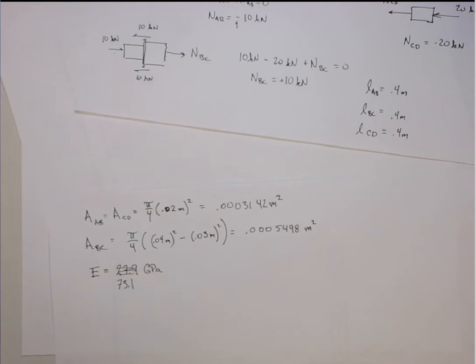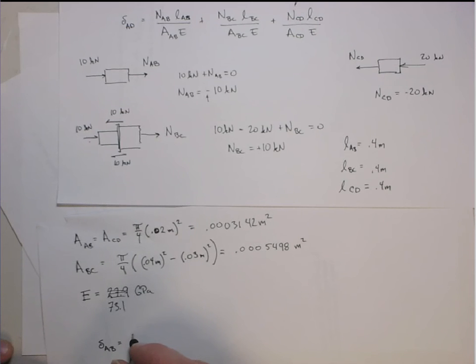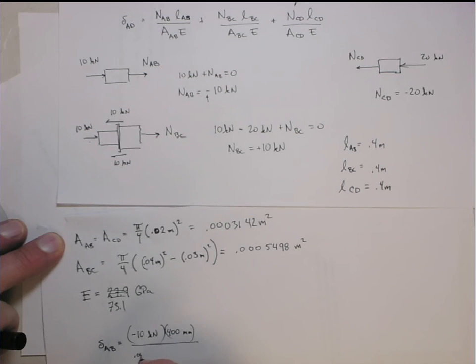All right, so now we can put all that stuff together. So delta AB is equal to NAB, which is minus 10 kilonewtons times its length, which is 400 millimeters, over its cross-sectional area, which is 0.0003142 meters squared, times Young's modulus, which is 73.1 times 10 to the 9th pascals, right?